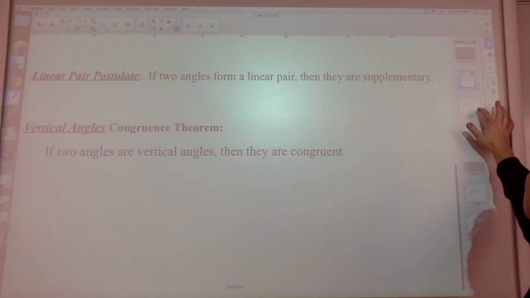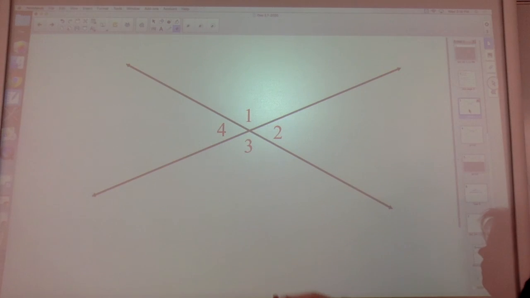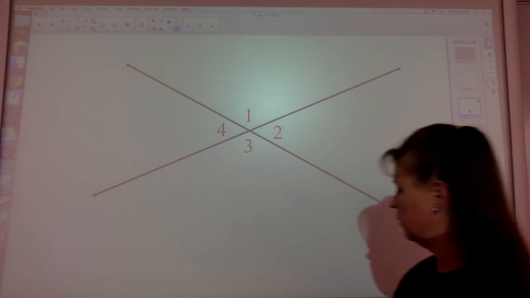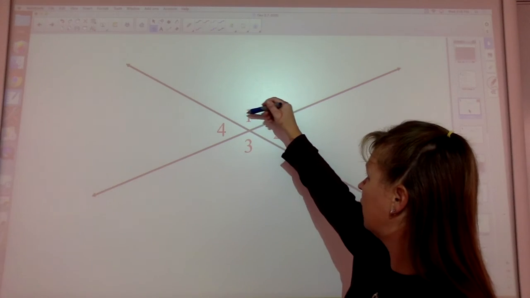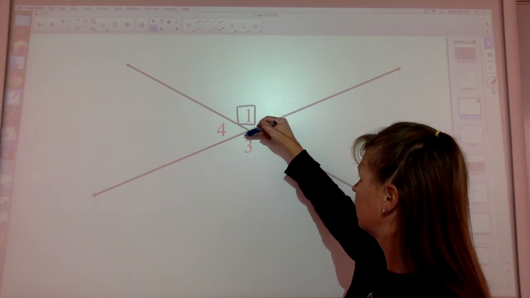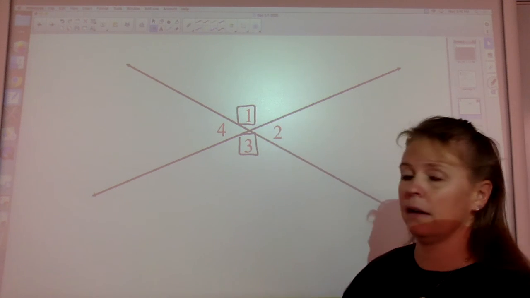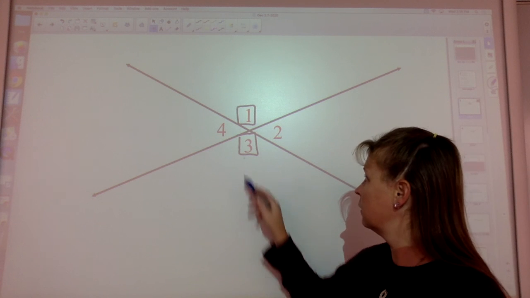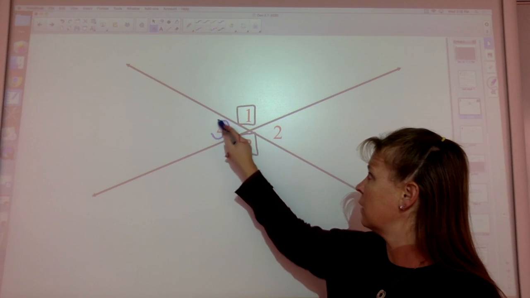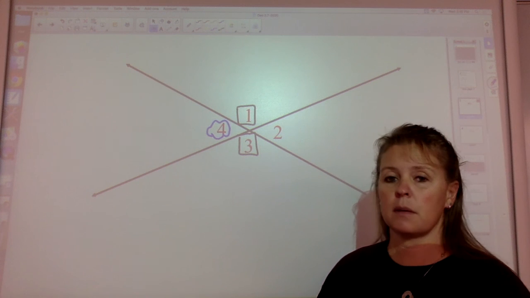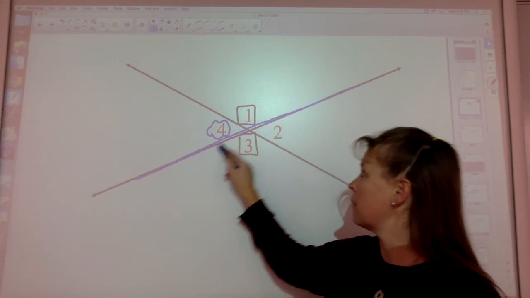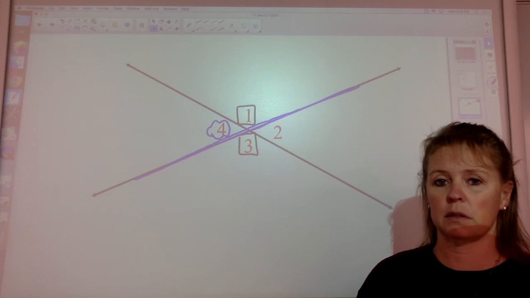So we're going to go to the congruent complements theorem, congruent supplements theorem. Take a look at this drawing, or draw it quick if you need to. Let me work with angle 1 and angle 3. It says, if two angles are supplementary to the same angle, well, if we look at it, angle 1 and angle 4 are supplementary because of the linear pair postulate that we just learned.